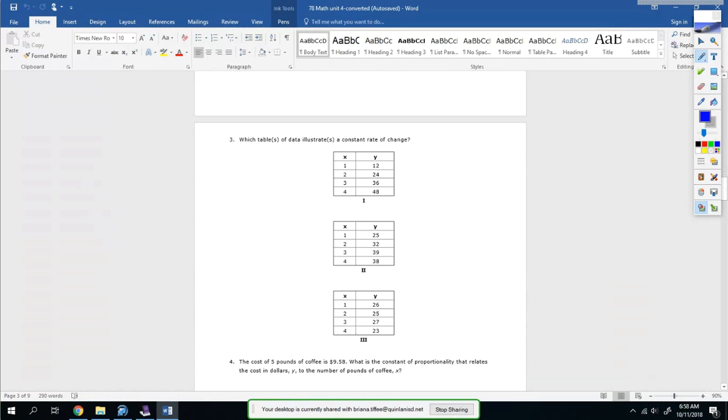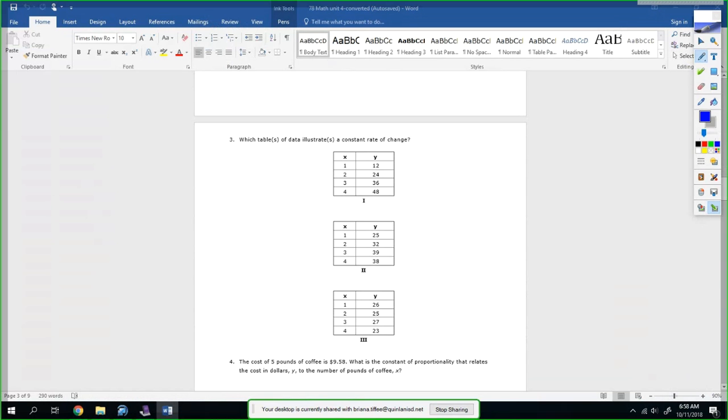Which tables of data illustrate a constant rate of change? So to find the constant rate of change, I just have to find the change of y and change of x. Here, this is changing by 12, by 12, by 12. And this is 1, 1, 1. So the constant rate for that one is 12.